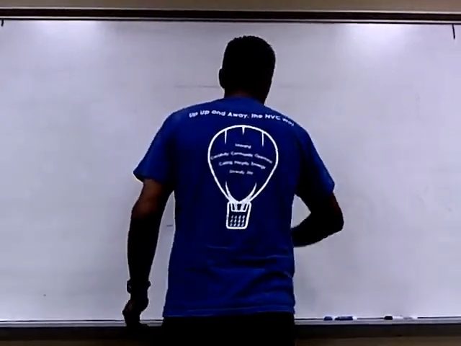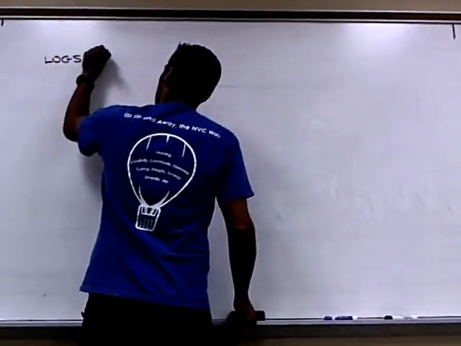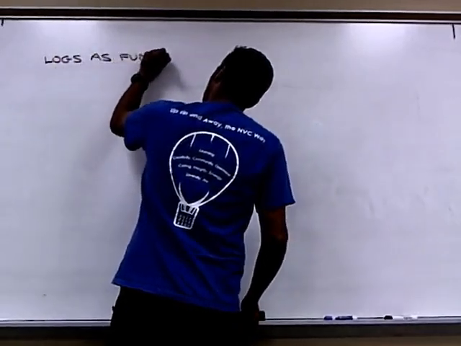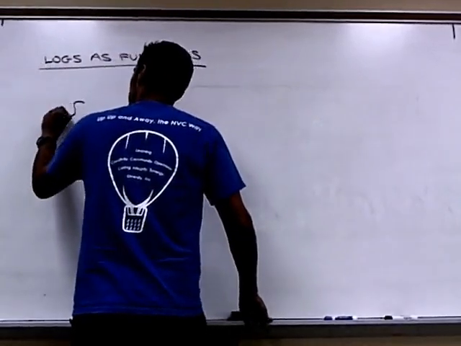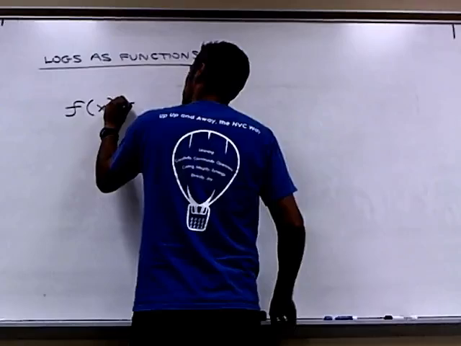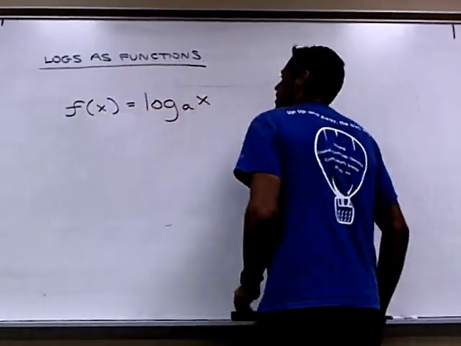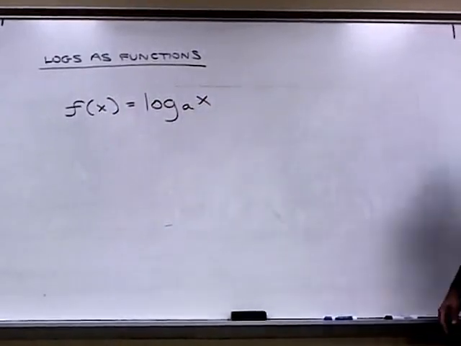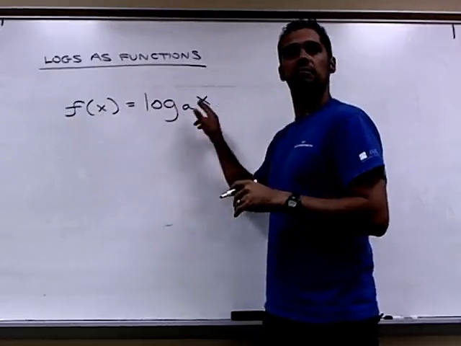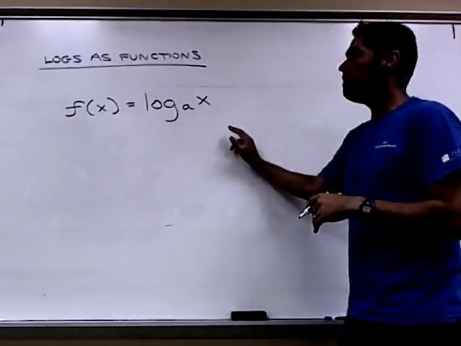So let's talk a little bit about logs as functions. If I define a function to be log base A of x, then what's the thing I'm plugging into this function? Plugging in values of x, right? In here. And it's spitting out a number.